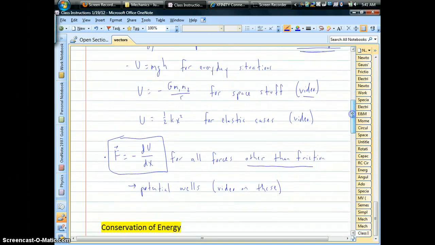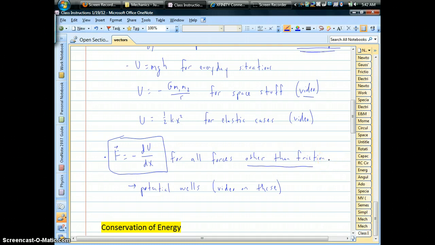We have those so-called potential wells, where the main expression, we're relating forces with potential energies. This negative derivative idea works for all the forces we do, with the notable exception of friction forces.